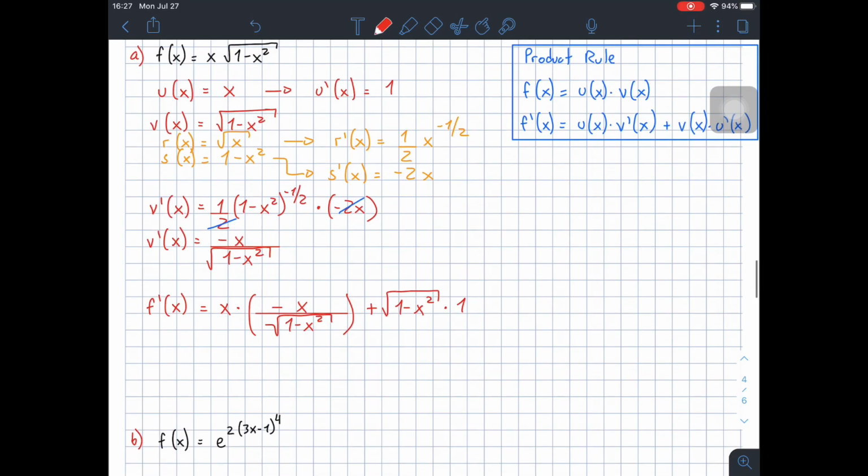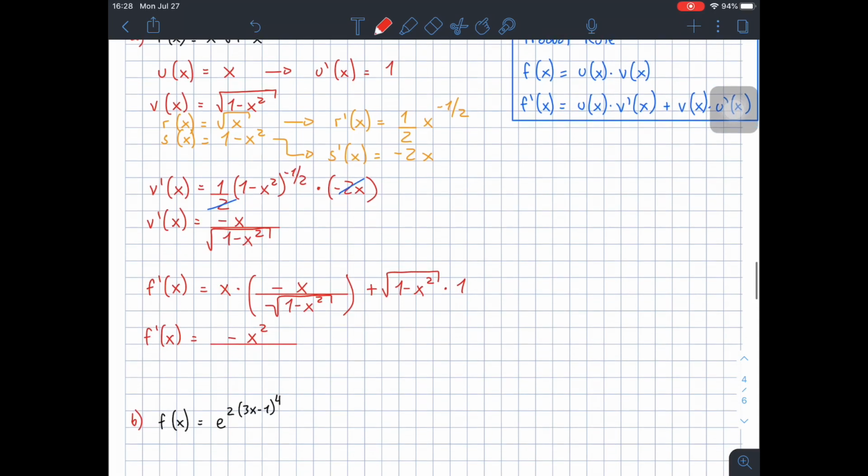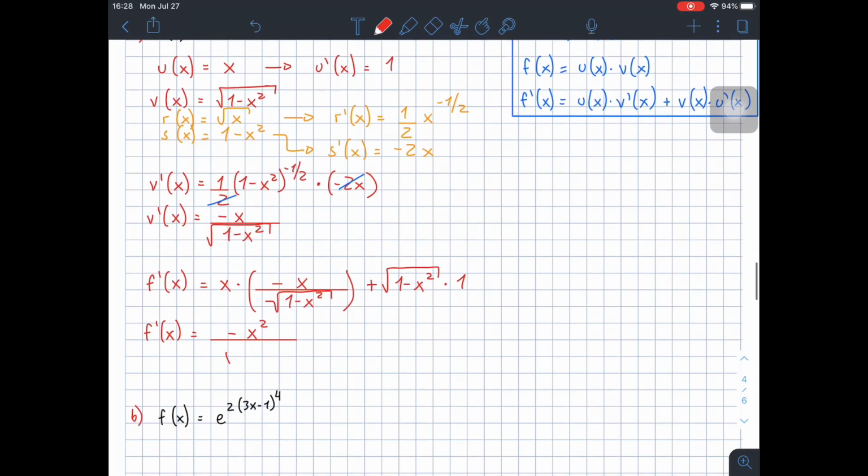So let me simplify this. We would get that f prime of x is equal to negative x squared over the square root of 1 minus x squared plus the square root of 1 minus x squared. Okay?